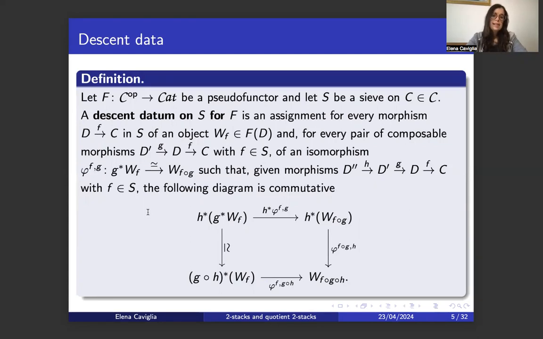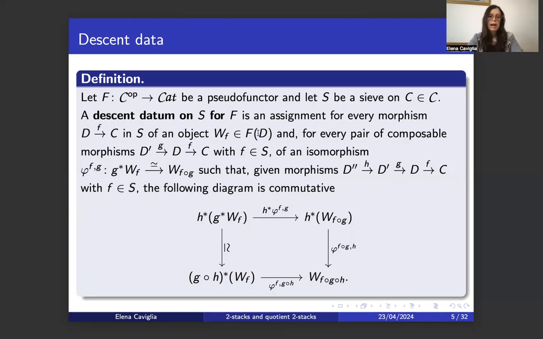And a descent datum on a sieve S for this pseudo-functor F assigns to every morphism in the sieve S an object, we call it W of F, in the image of the source of the morphism.